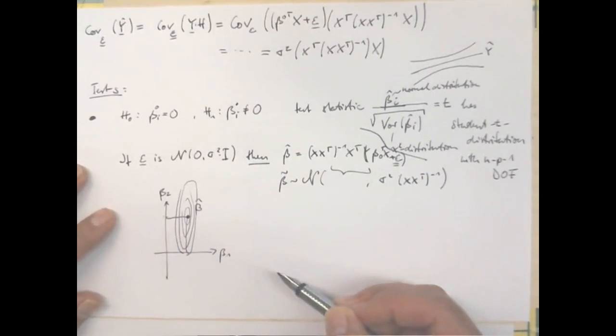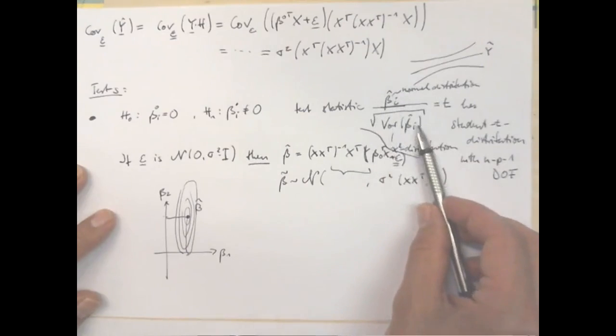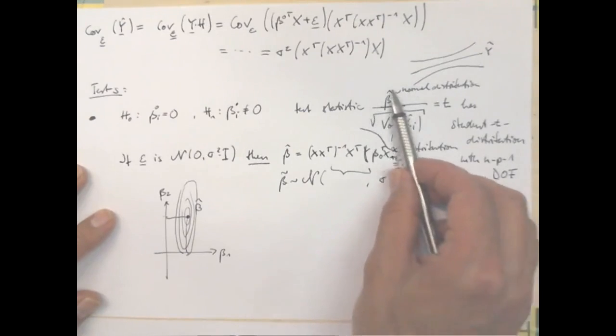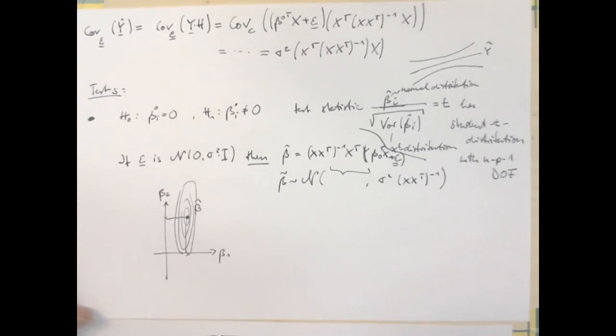This distorting of the Euclidean isocontour lines is what this term amounts to. And thus I would find that the true beta 2 is more likely to be 0 than beta 1, even though I found a larger regression coefficient for beta 2. So this is like putting confidence intervals on your parameter estimates.